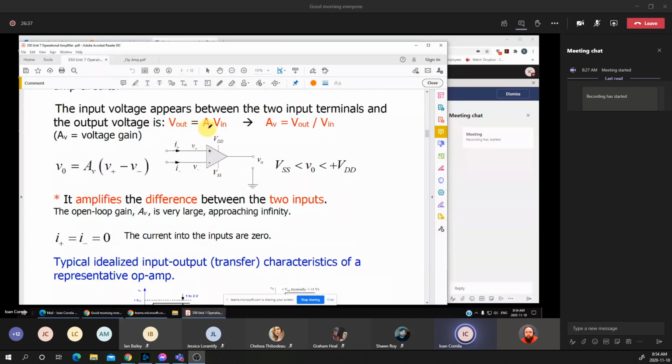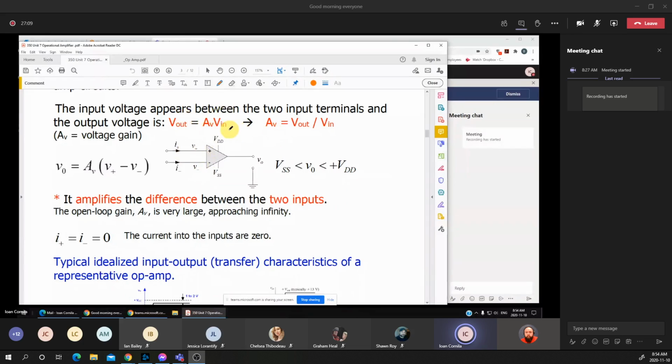The V out, again, is the gain. I'm using, as I introduced in transistors, the symbol for a gain as the A. AV is in terms of voltage, meaning the gain in voltage multiplied by the V in, but in this case, that's a differential amplifier which amplifies the difference between the two inputs.